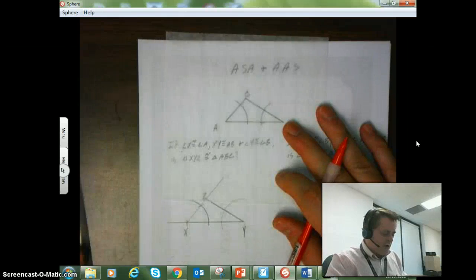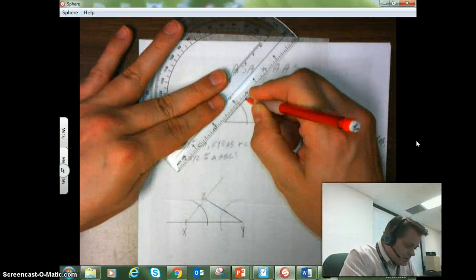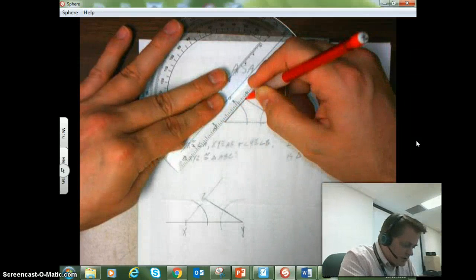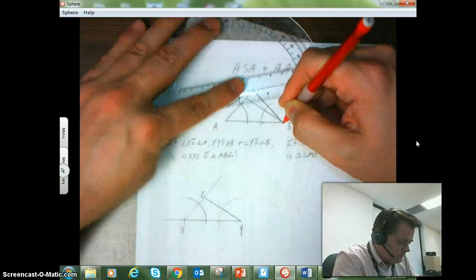So now I'm going to use a piece of patty paper to compare the segments and the angles. So here, just copy the three sides of the triangle.